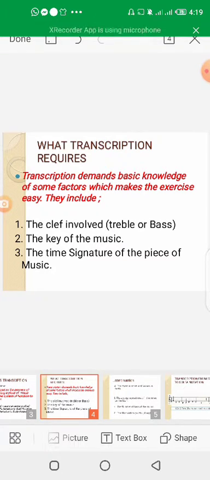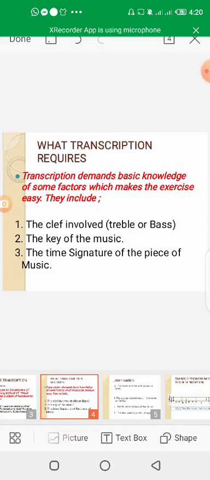Thirdly, the time signature of the piece of music. Now, if it's on 3/4, 3/4 simply means that it should be 3 crochets in a bar. That means 1, 1, 1, 3 beats. So if you're converting it to another system of writing music, that's if you're changing it from the staff to the solfa, you should make sure that it's also on 3/4.